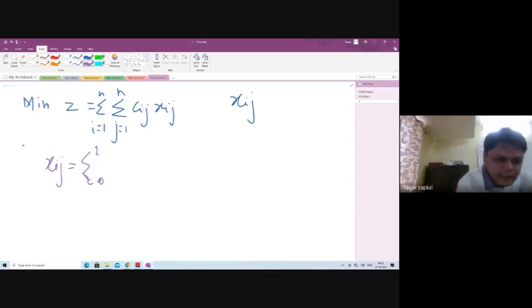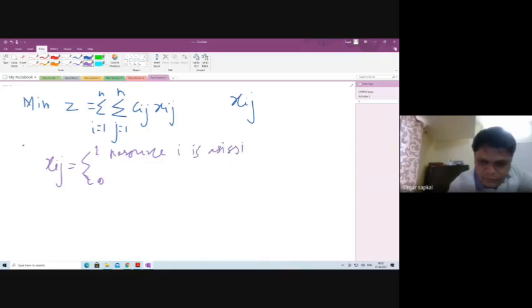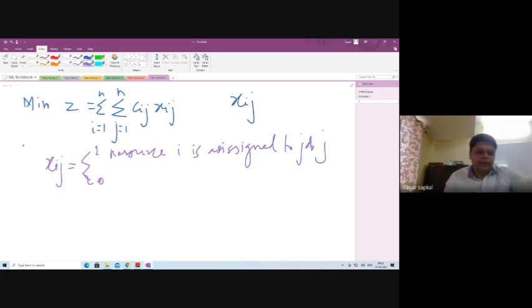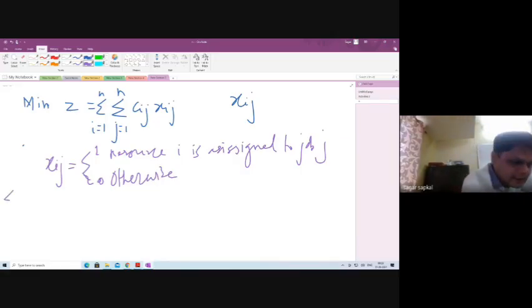It will be 1 when resource i is assigned to job or activity j. Then it will be 0 otherwise, meaning when there is no assignment. And constraints will be subject to the constraints.